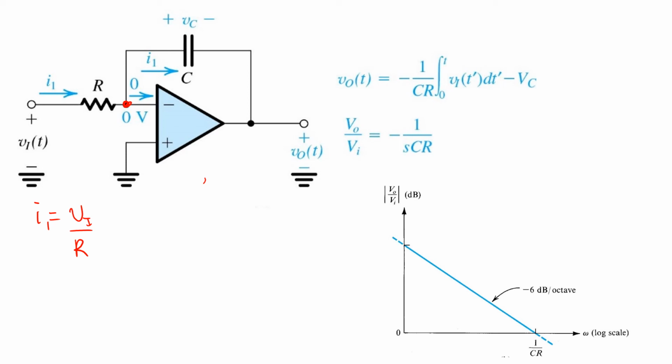That current all flows into the capacitor C and is therefore integrated on it. So VC is the time integral of the current I1 onto the capacitor C.